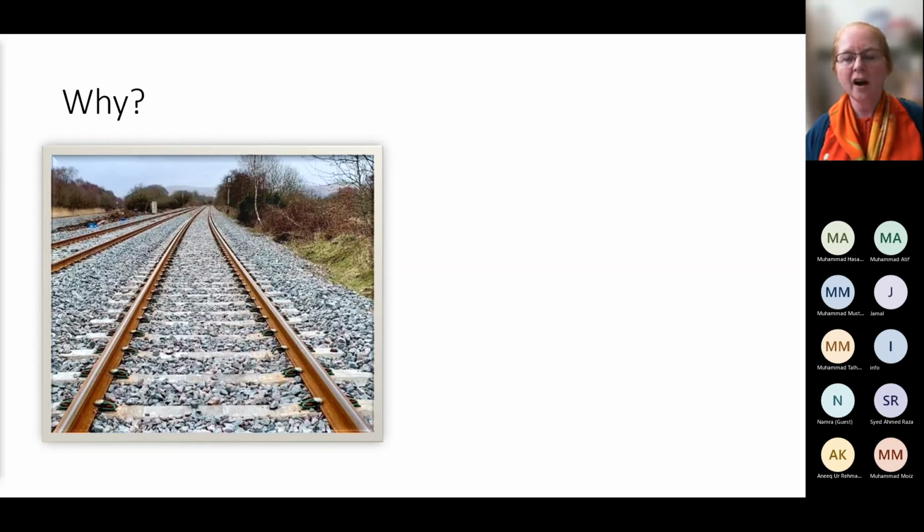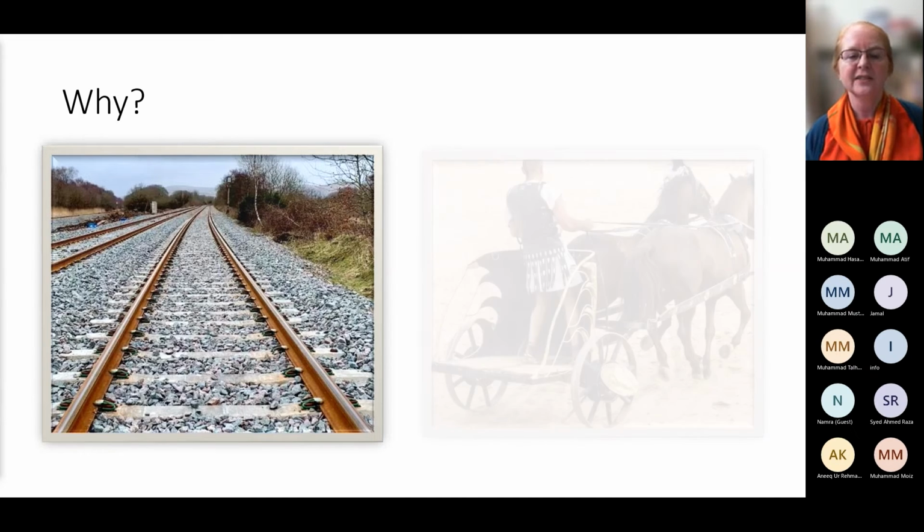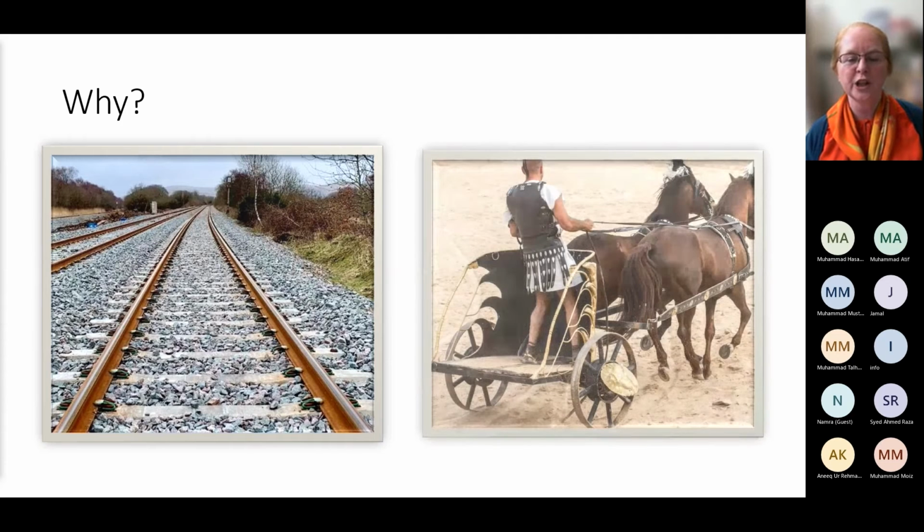But why were the ruts in the road 4 foot 8.5 inches wide? The answer to that is because Roman chariots were 4 foot 8.5 inches wide. And the reason that Roman chariots were 4 foot 8.5 inches wide is because on average, that was the width of two horses' bums.